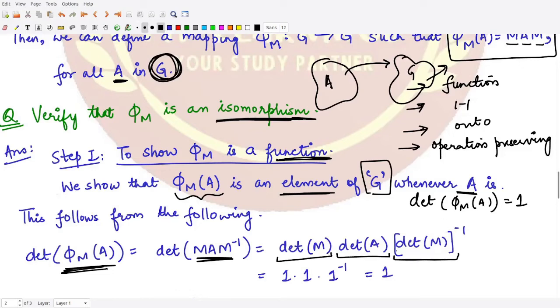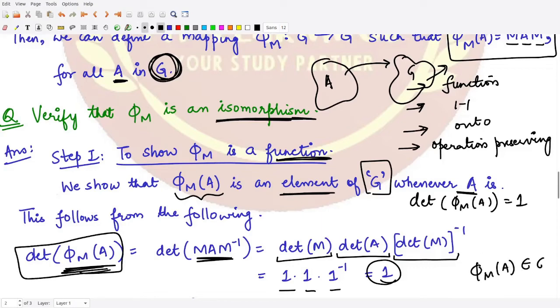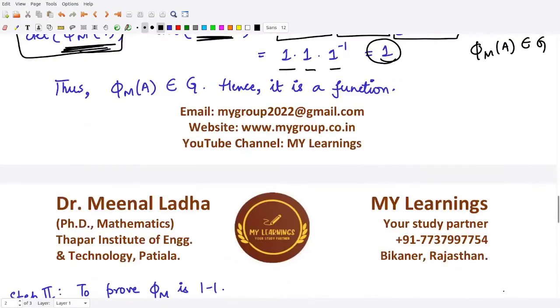So it will give us the value 1, the value 1, the value 1 inverse, because M is also a member of G, so its determinant is 1. A is also a member of G, its determinant is also equal to 1, which comes out to be 1. So we have its determinant as equal to 1. Therefore this phi M of A is a member of G, right?